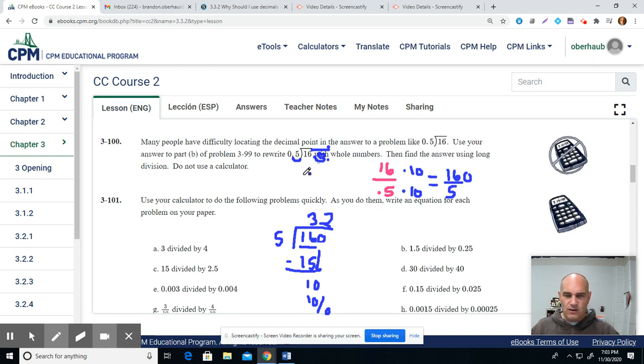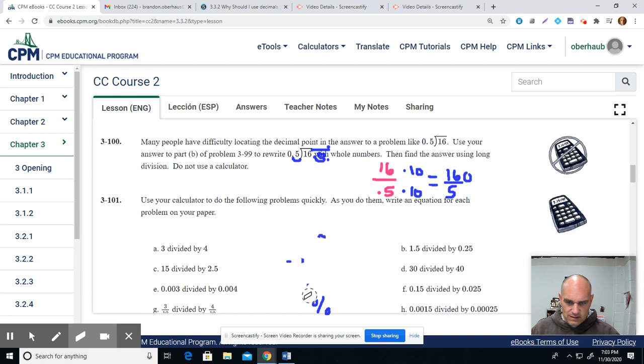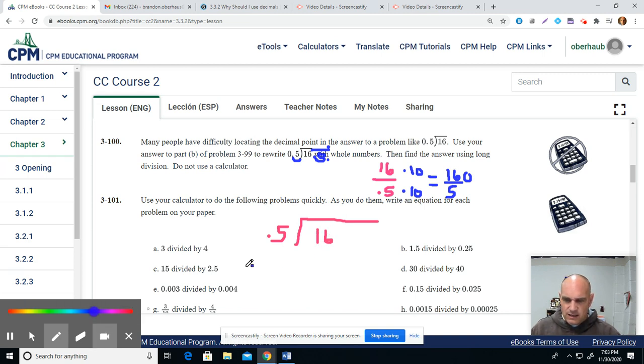The key to this, though, is noticing. Let me give myself a little more room here. Get rid of this, and then blow this up so you can see this. This is the whole key to this problem: if I have a decimal outside as I am trying to divide, so remember this was my original problem, what I just did, I slid my decimal one spot to the right outside, so now I have to move my decimal one spot to the right inside.